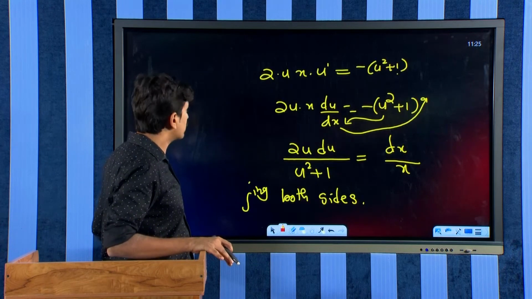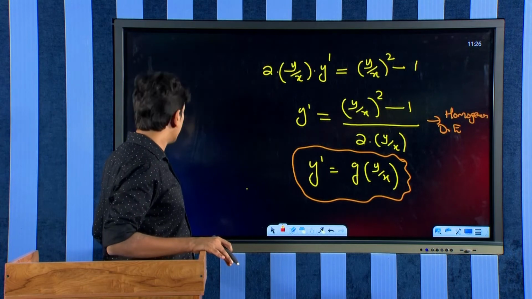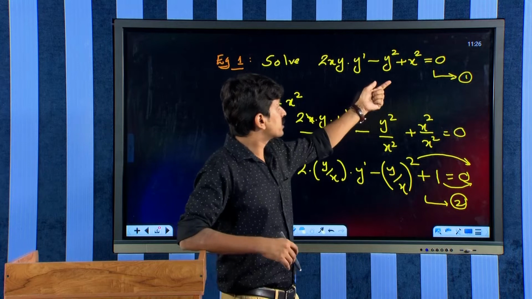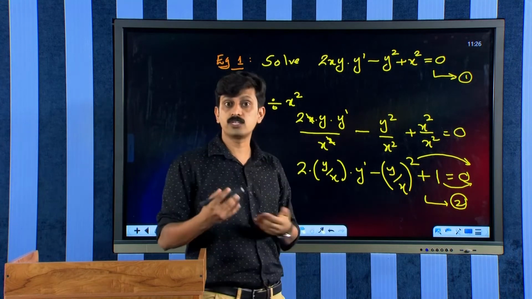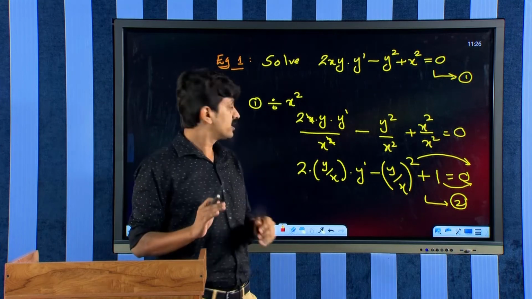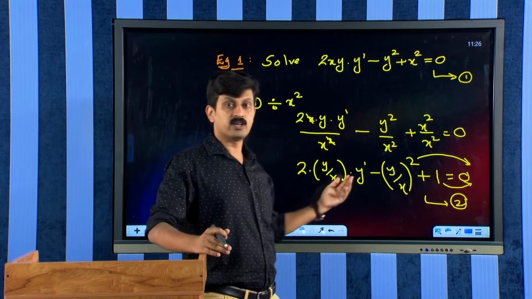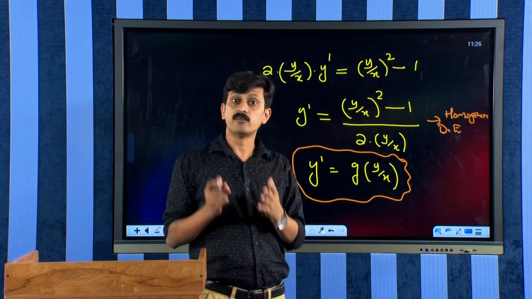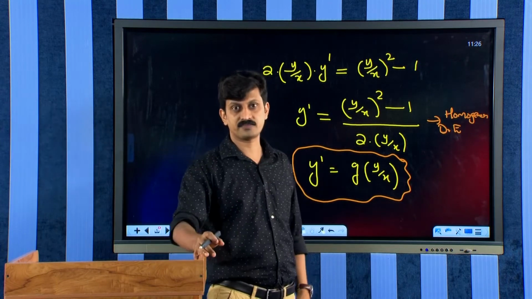See, my dear students, we started with the differential equation 2xy dash minus y square plus x square equal to 0. We did not know whether it is homogeneous or separable, but we divided by x square and evaluated that equation. From that, we understood that the given differential equation is homogeneous.